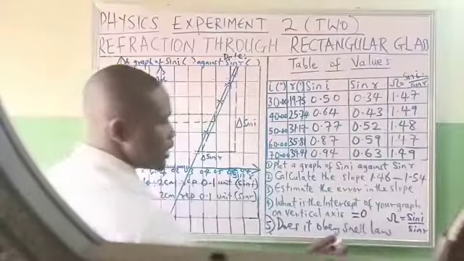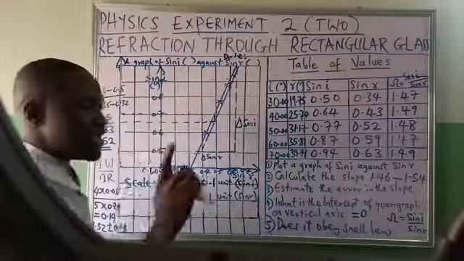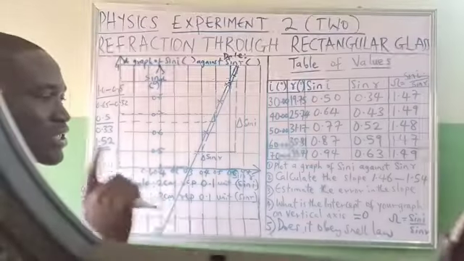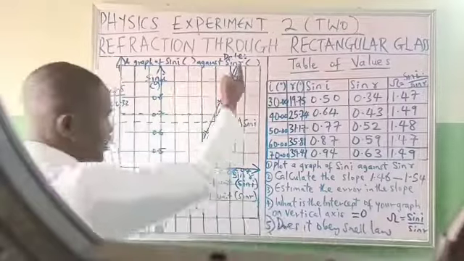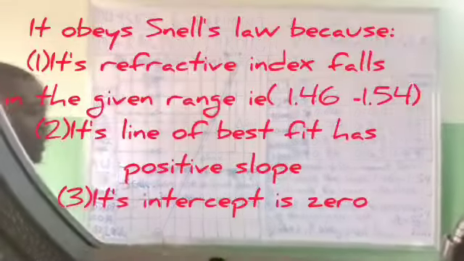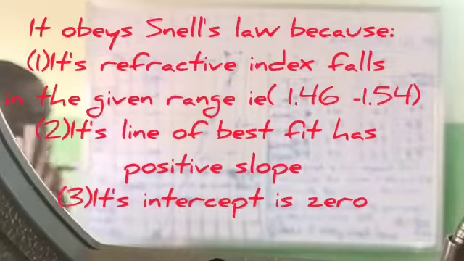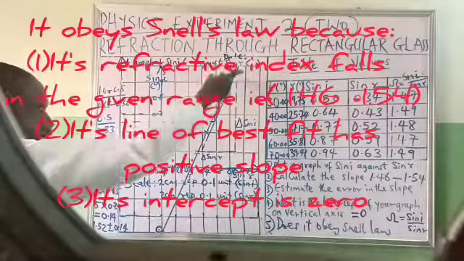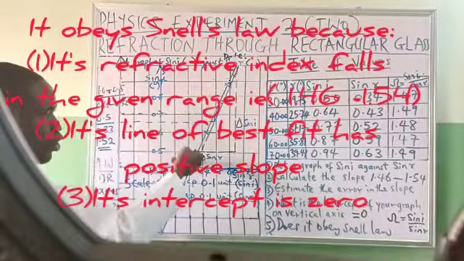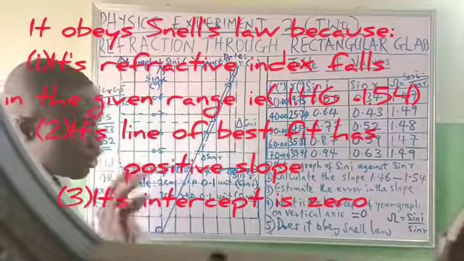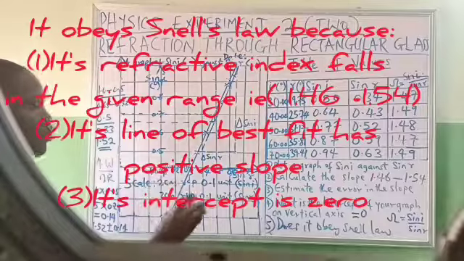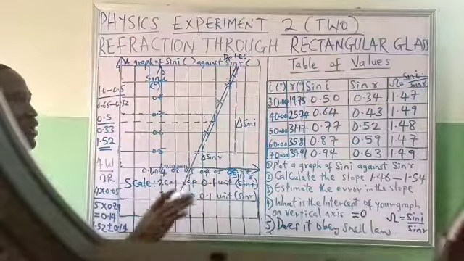Yes, that means in Snell's law, the intercept on the vertical axis is always 0. So when this passes through 0, it means it obeys Snell's law. When you have a straight line with positive slope called the refractive index, it also obeys Snell's law. Okay? So we can comfortably say that it obeys Snell's law.